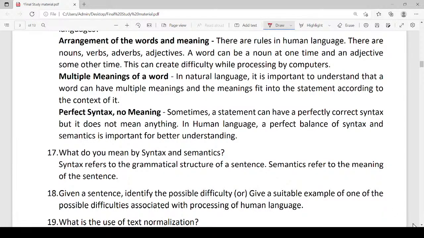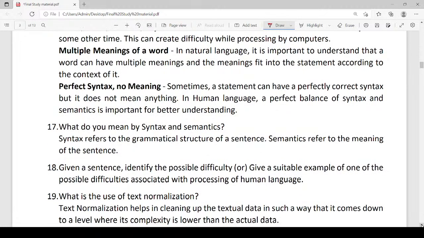Now tell me, what is the use of text normalization? Exactly, cleaning up of textual data so that we are bringing down the level of the text to a much lower level.